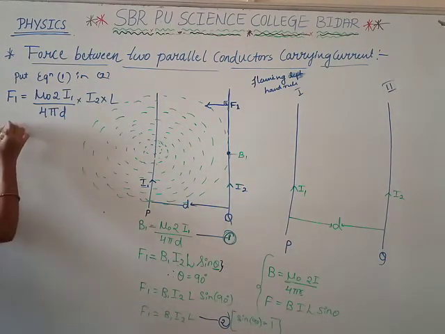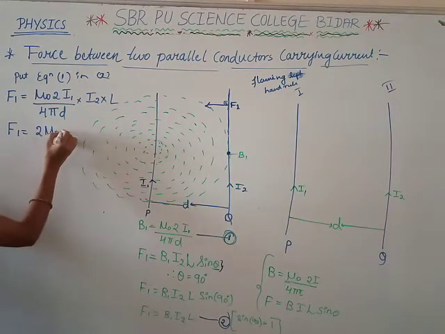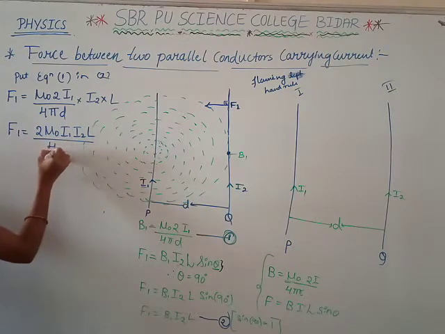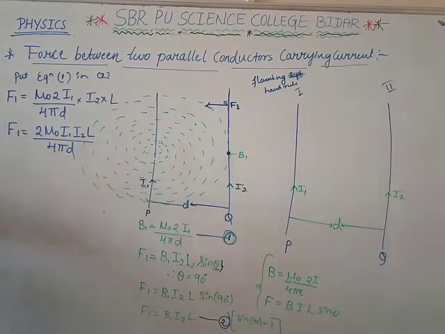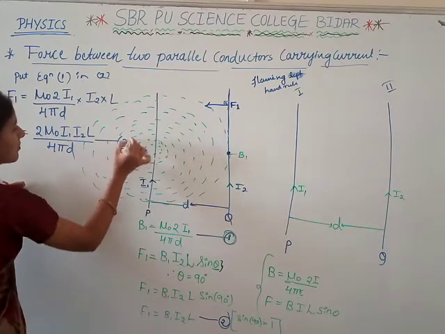Okay, that is F1 is equal to 2 mu naught into I1 into I2 into L whole divided by 4 pi D. Consider this one as equation 3.